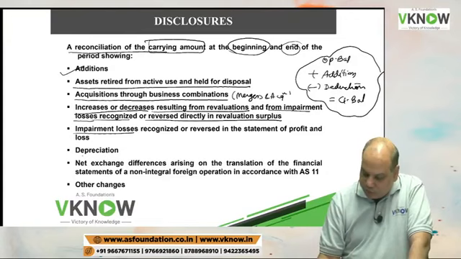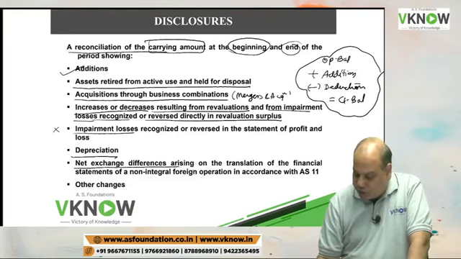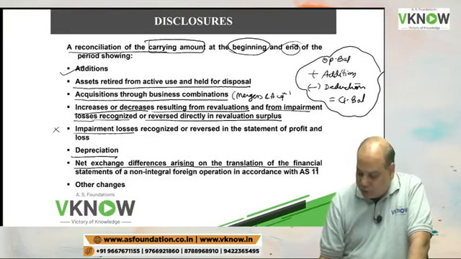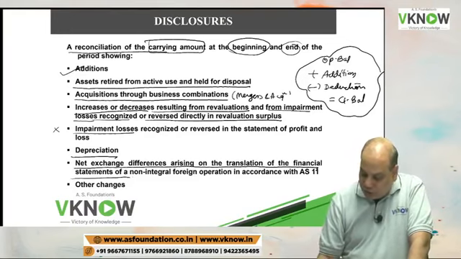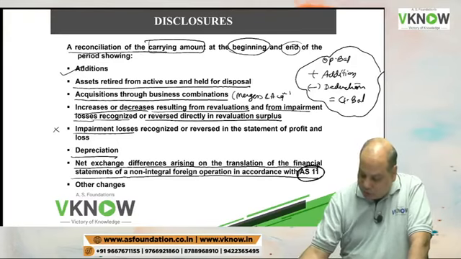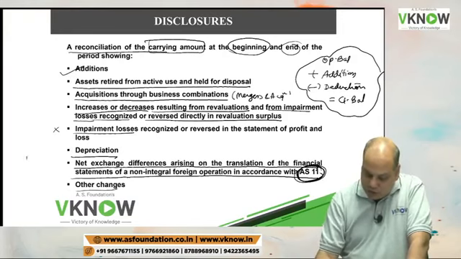Impairment loss, this you have not studied, so I will not speak much. Depreciation. Net exchange difference arising on translation of financial statements of a non-integral foreign operation, with AS 11. This AS 11 is for the next lecture, and other changes. Remaining disclosure, read as homework.